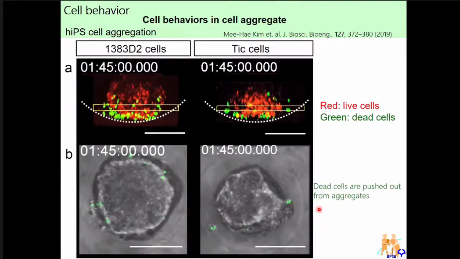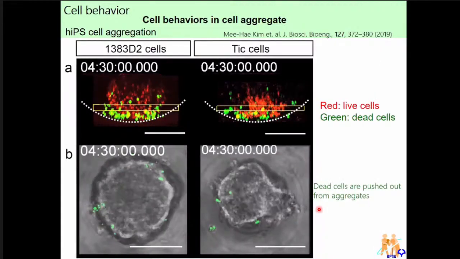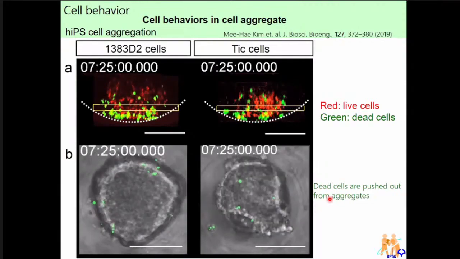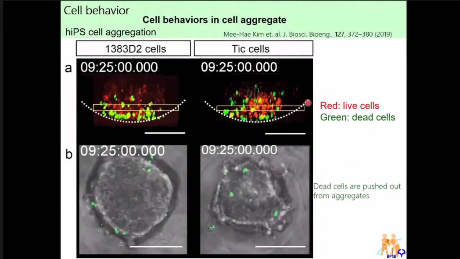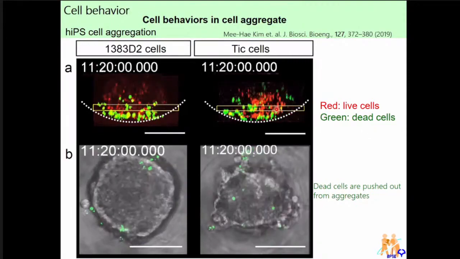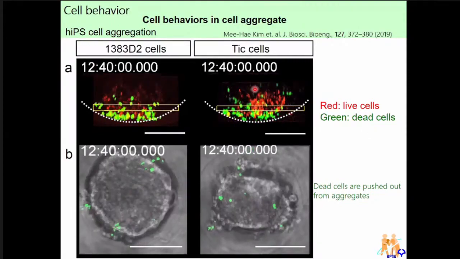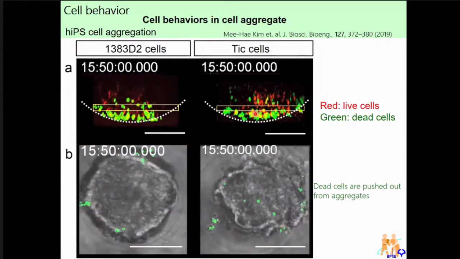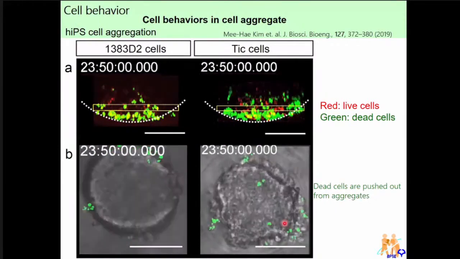And we check some phenomena. During the aggregation, this is the three-dimensional cross-section image of the cells. Green is the dead cells. Red is the live cells. This is a top view.